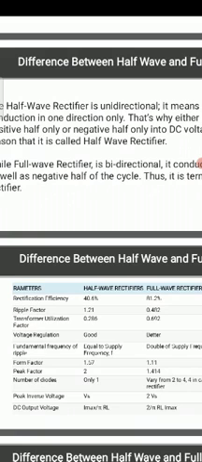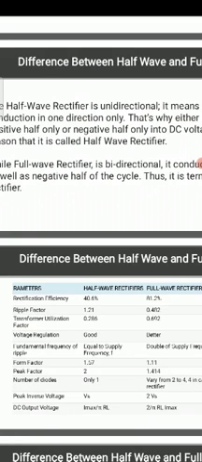One half cycle contains 50% of the power and the remaining half cycle contains the other 50%. So only that 50% of the input AC voltage is converted to output voltage, or DC voltage.